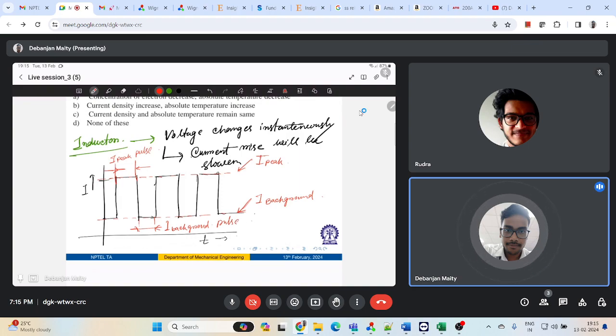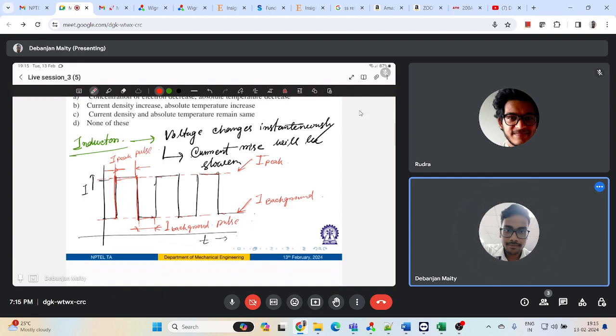It is not the case that every time the pulse on and pulse off will be similar. It may happen that the pulse on time and pulse off time are different depending on your application, right? So basically by applying this pulse mode, you are controlling your metal deposition.